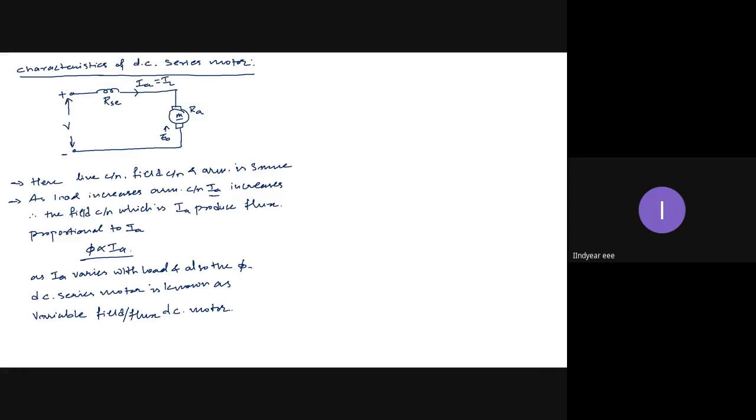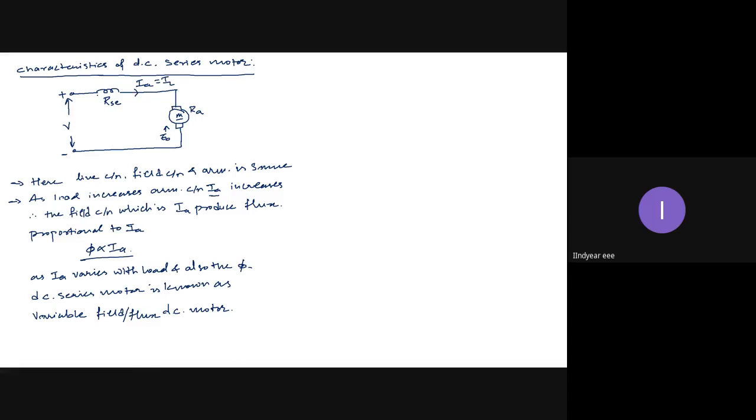Because if the load capacity of the motor is very high, armature current goes very high. But I can't afford very large field currents. No doubt armature current increases, and along with it, field current will also increase, because the same armature current now flows through the field winding.